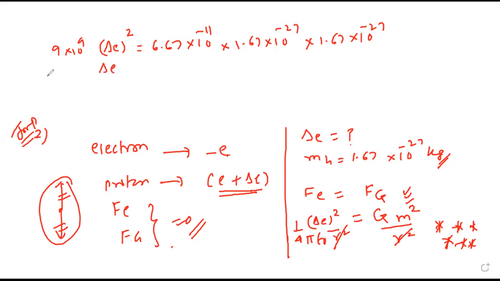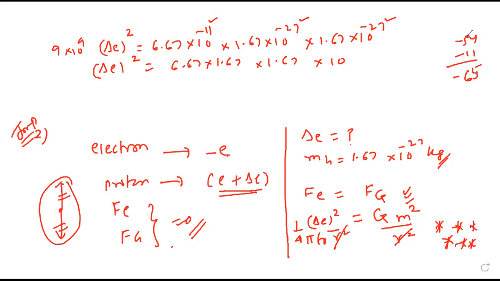So I can say delta e square will be 6.67 into 1.67 into 1.67 into 10 raised to minus 27 minus 27 minus 11, which is minus 54 minus 11, which is minus 65, upon 9 into 10 raised to 9.